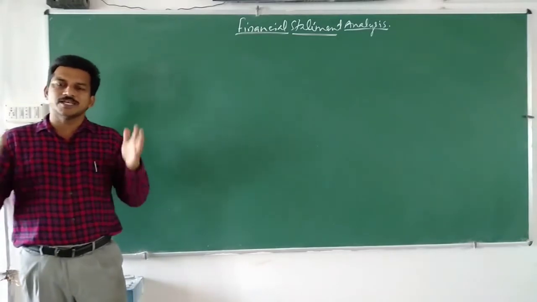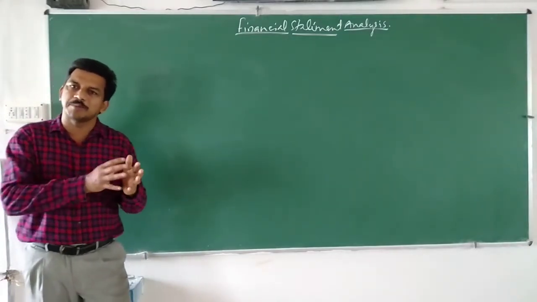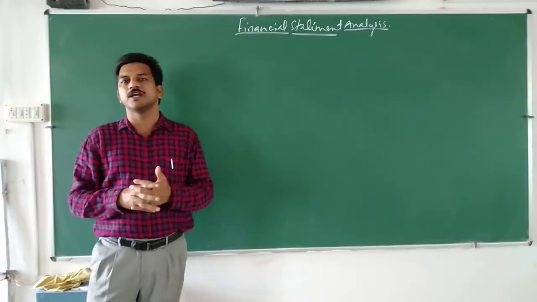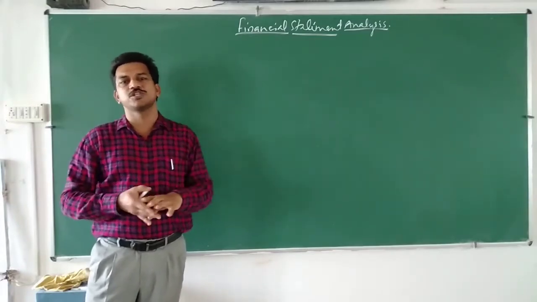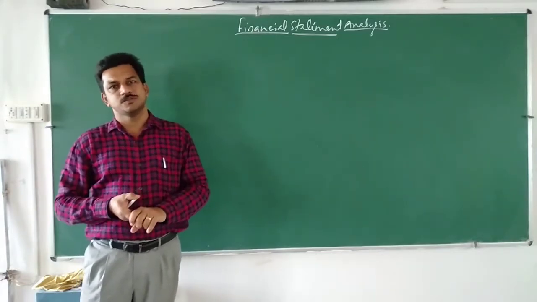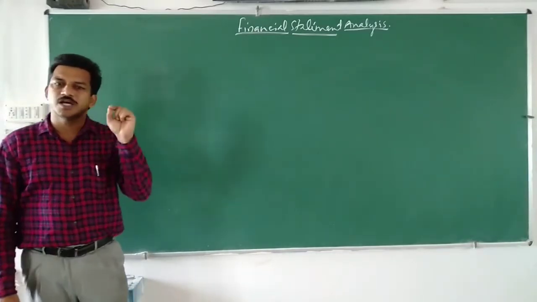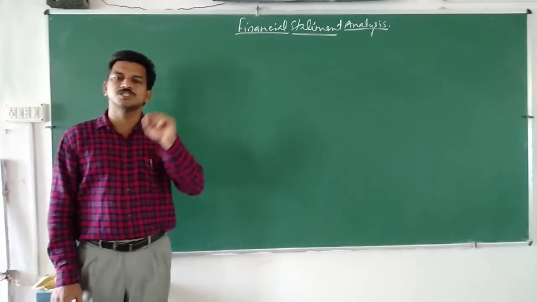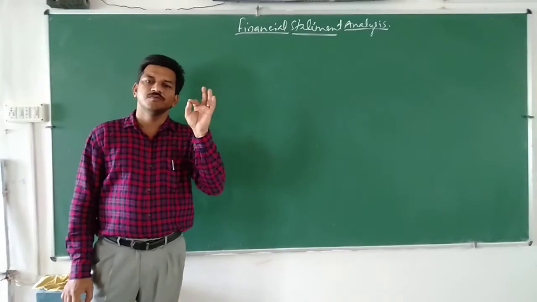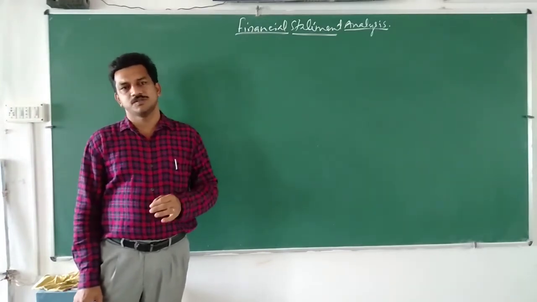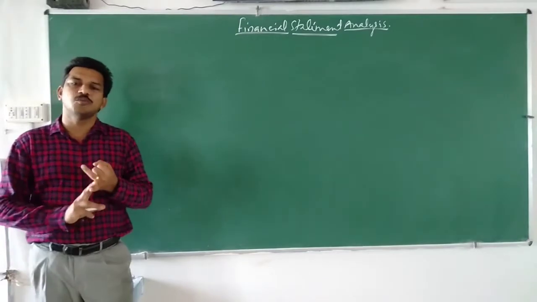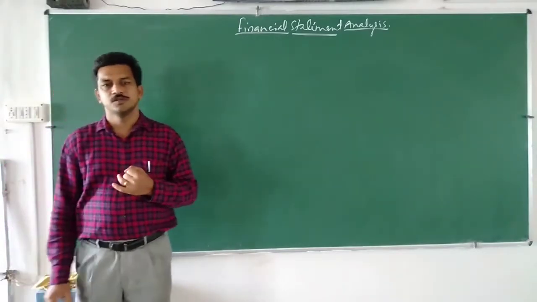So in that way, a study of the relationship among various financial values which are there in the financial statements is called financial statement analysis. And for that analysis, which are the commonly used tools?